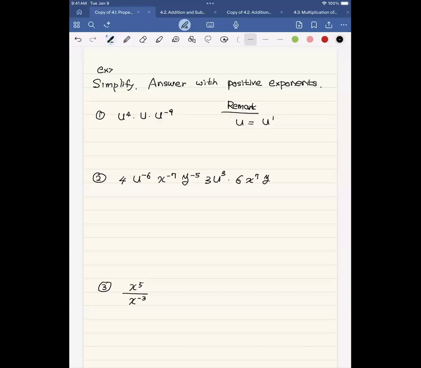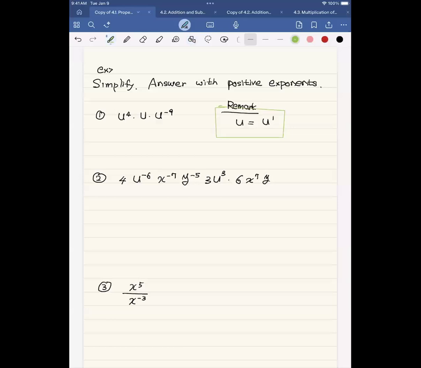Let's review what we did last time with the basic property of exponents. What you have to remember is that when u is written without a power, that just means this is u to the 1 power.